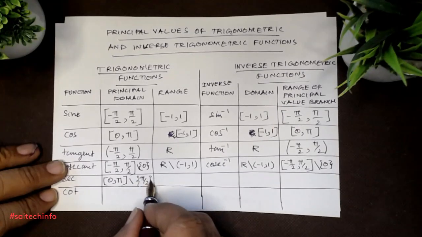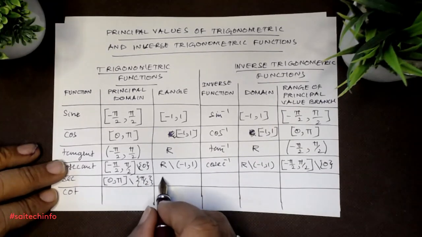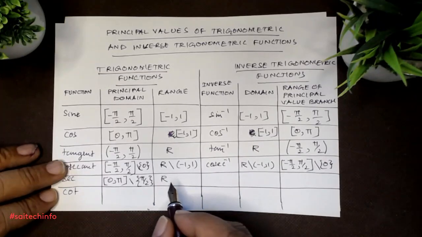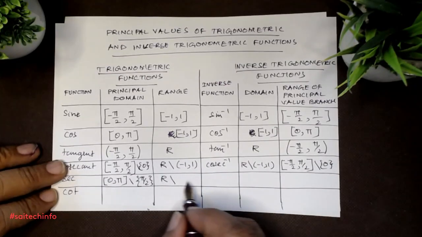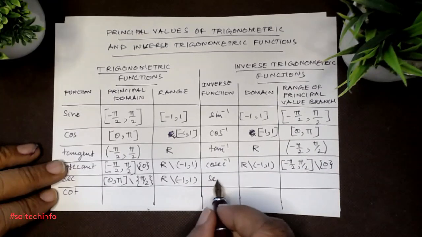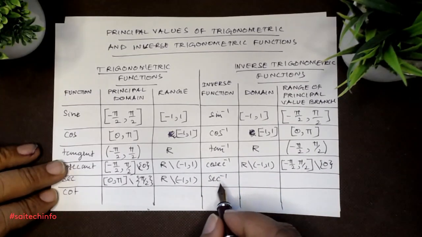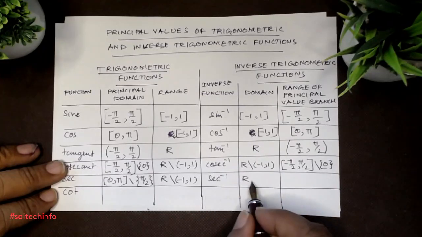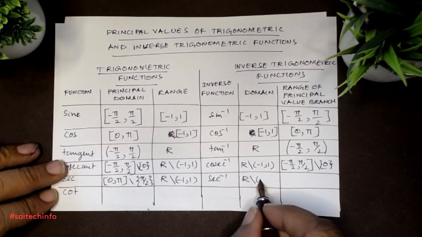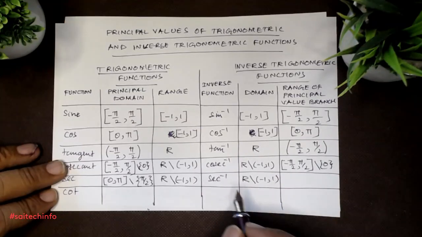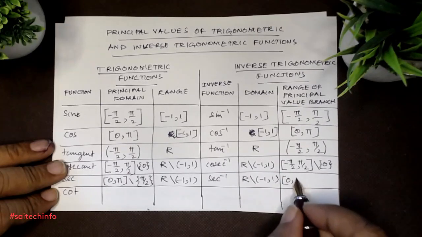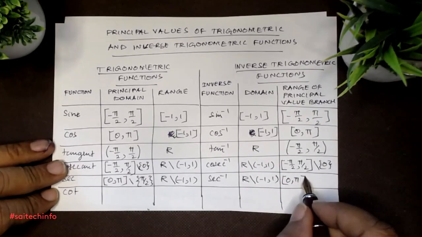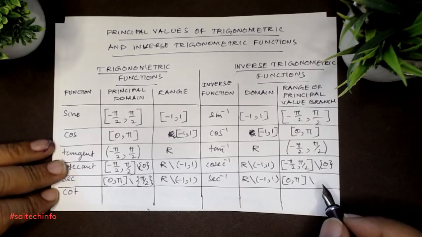Okay, and similarly to secant, the range is a real number excluding -1 comma 1, whereas secant inverse is just the reverse, it is -1 comma 1 excluded, and here 0 to pi excluding pi by 2.